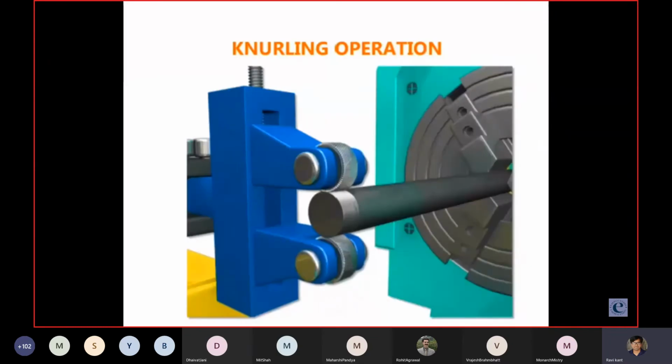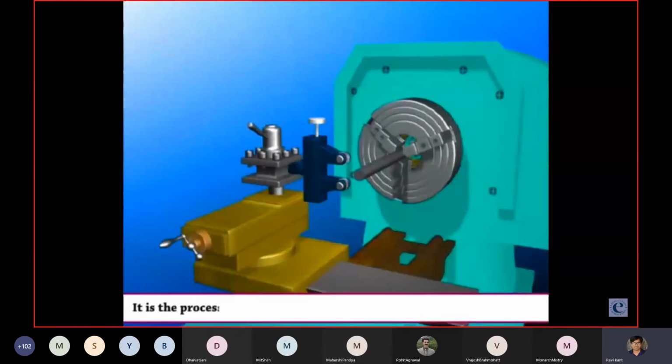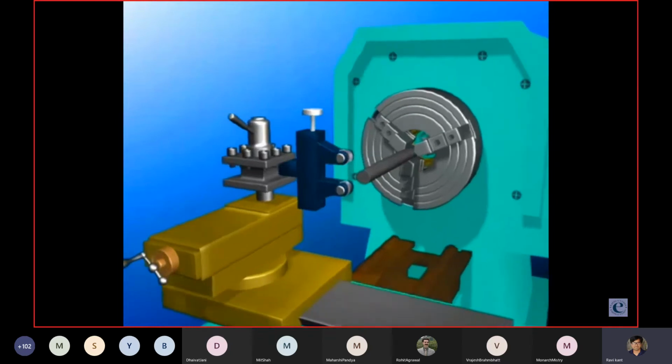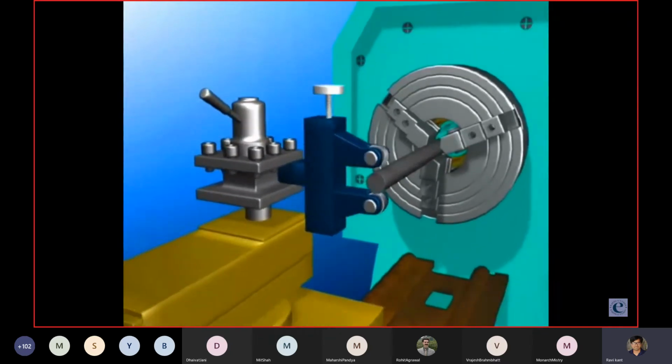Knurling operation. In this video, we will discuss about knurling operation in the lathe. It is the process of indentation of various forms on cylindrical surfaces. Knurling tool, workpiece.